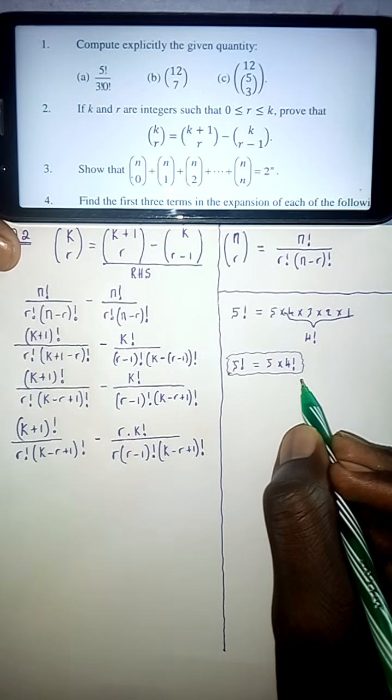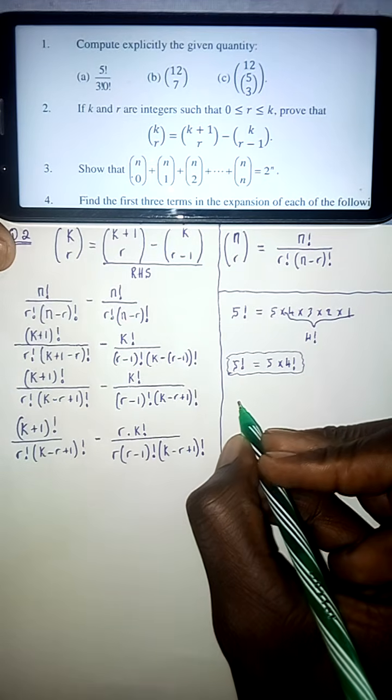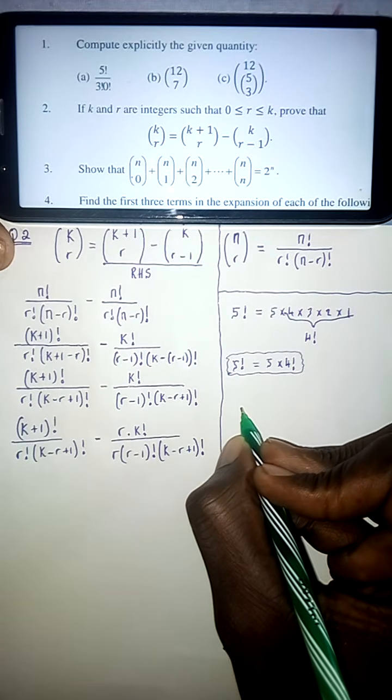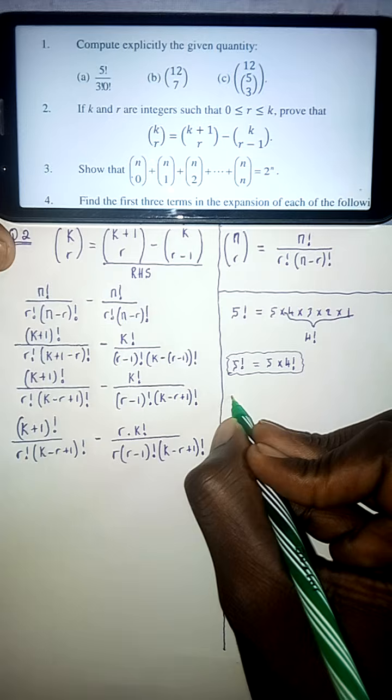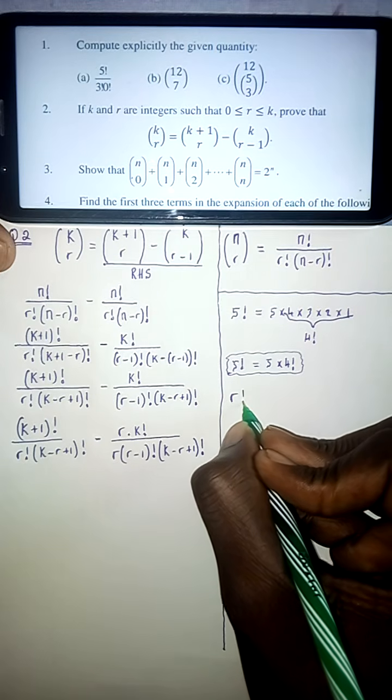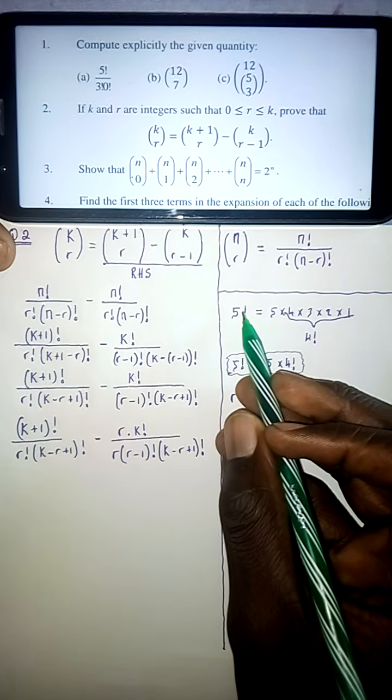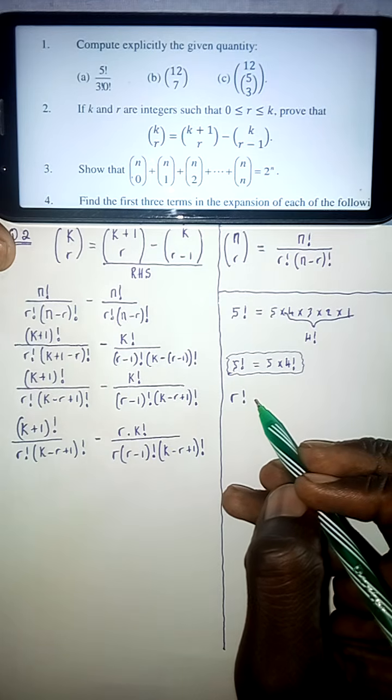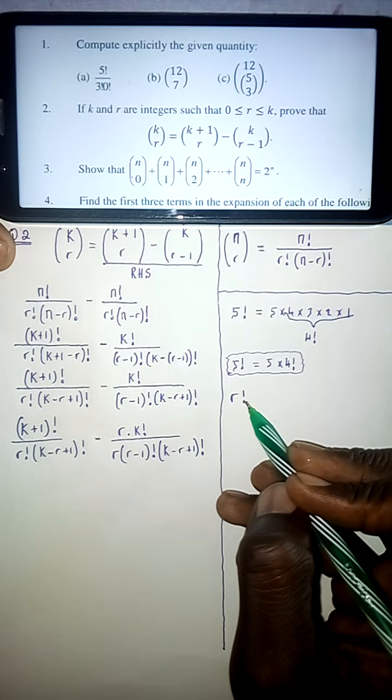So let's say we have r factorial. Instead of having 5 factorial, we now have r factorial. How can we write this one?